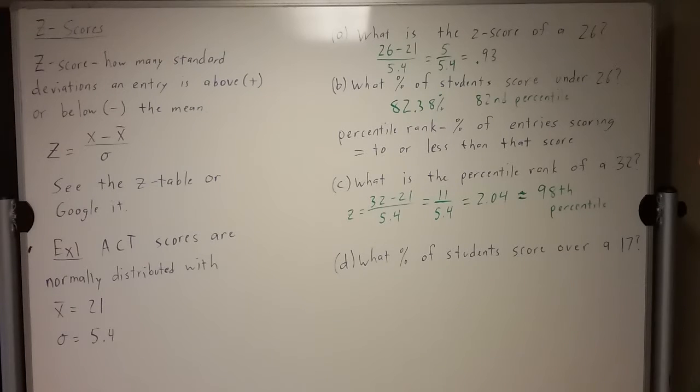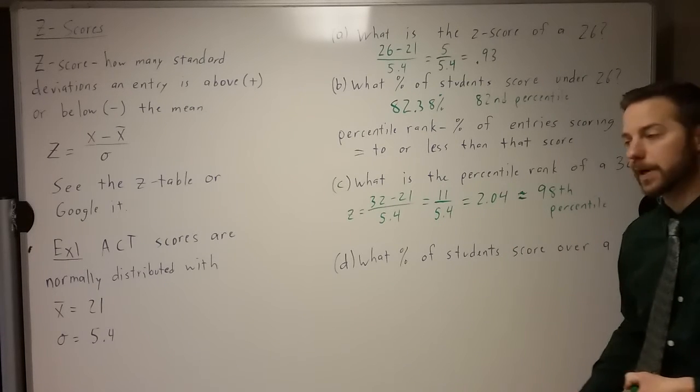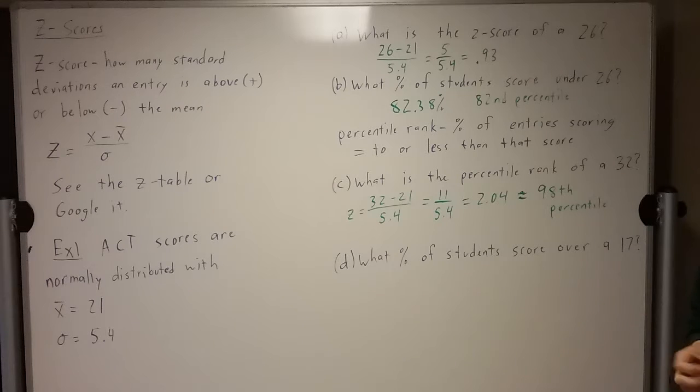So now we want to know what percent of students score over a 17. All right, this one's a little different because 17 is lower than 21. This is going to have a negative z-score then.